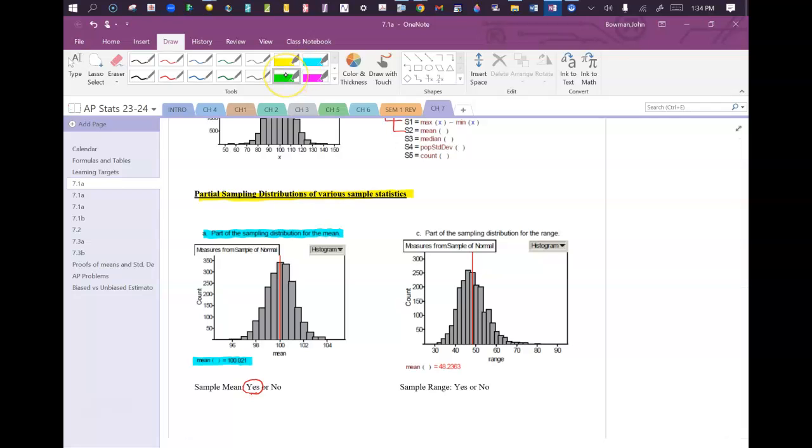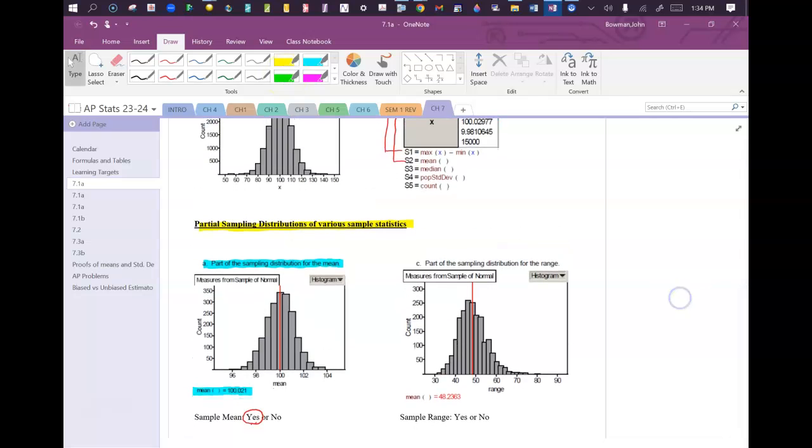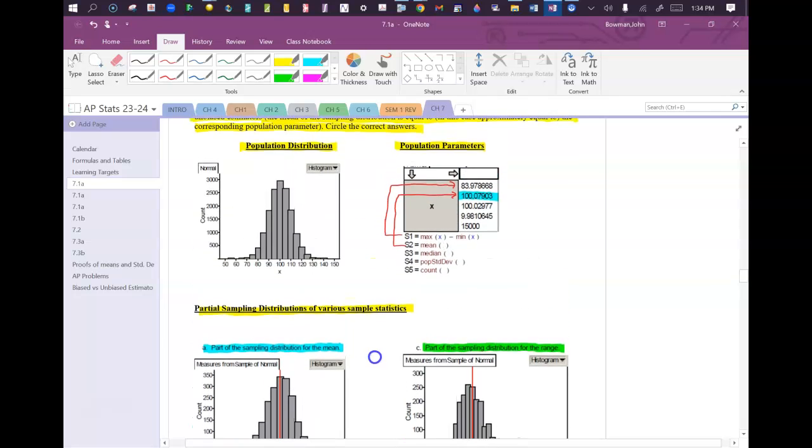All right, let's take a look at a different partial sampling distribution. Part of the sampling distribution for the range. A whole bunch of samples were found, a whole bunch of sample ranges were calculated and plotted, and they make up this partial sampling distribution. The mean of this partial sampling distribution of sample ranges is 48.2 approximately.